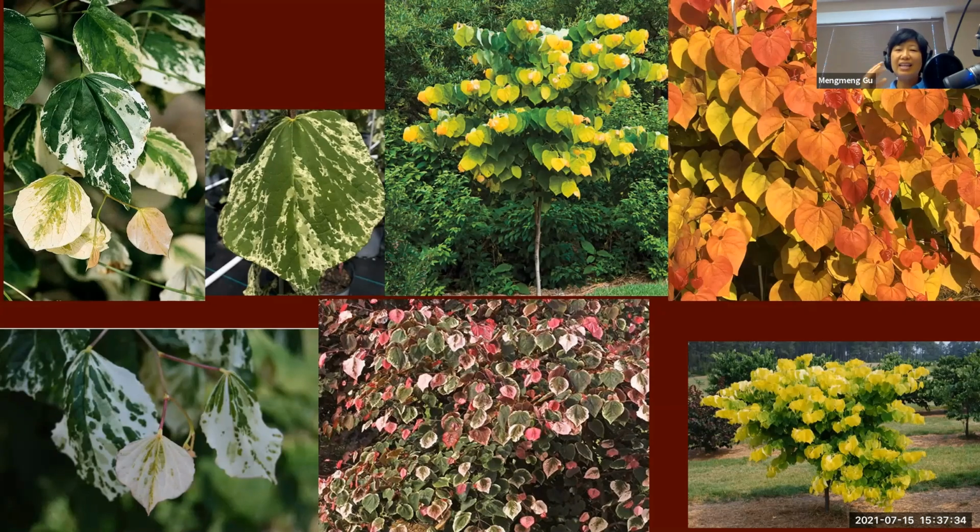So with that, they can't take nearly as much sunlight as the solid green leaf cousins. So if you put them under full sun, they're going to give you that literally burned look.